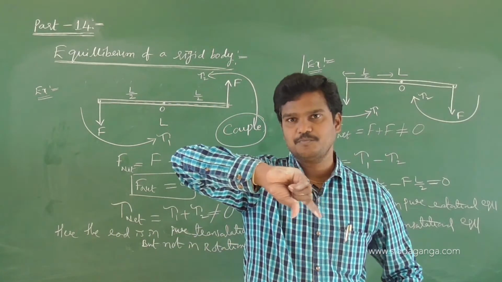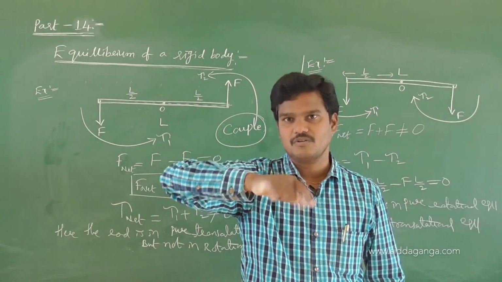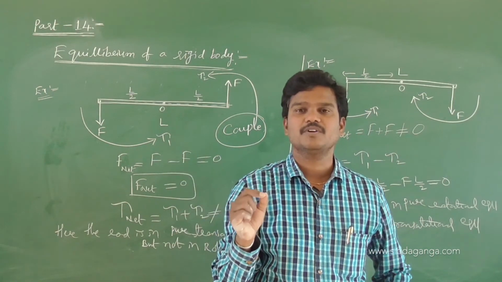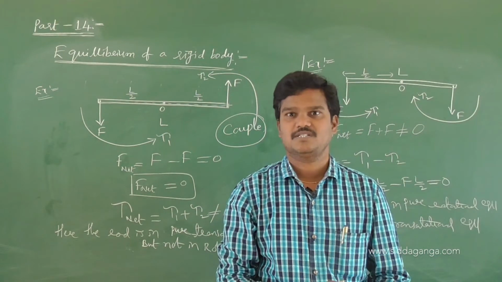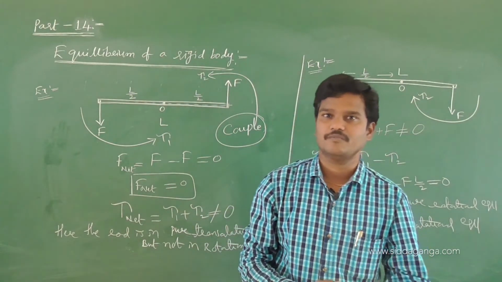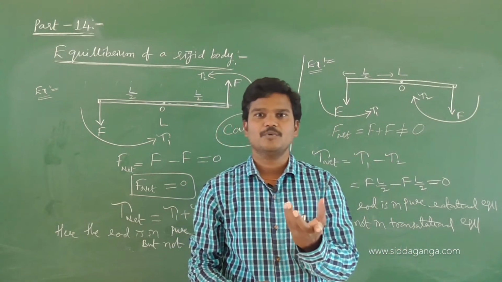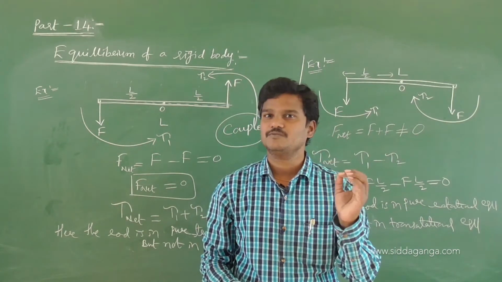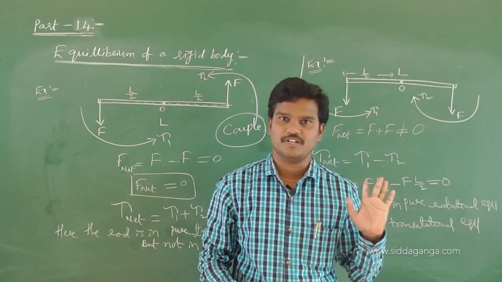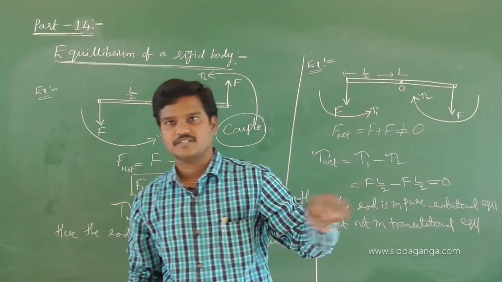A couple is nothing but a combination of forces. We can write the torque of a couple, all those things. So a couple is two equal unlike forces acting on a rigid body.